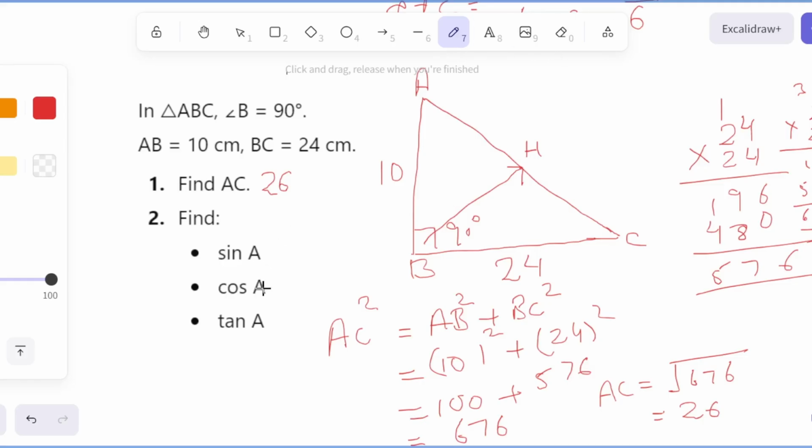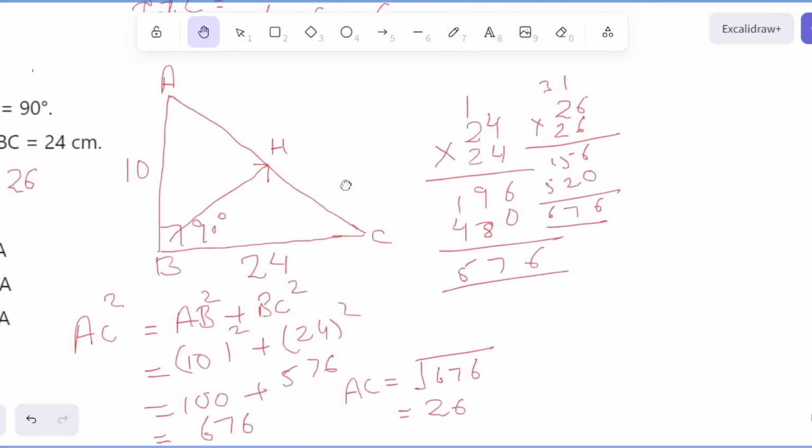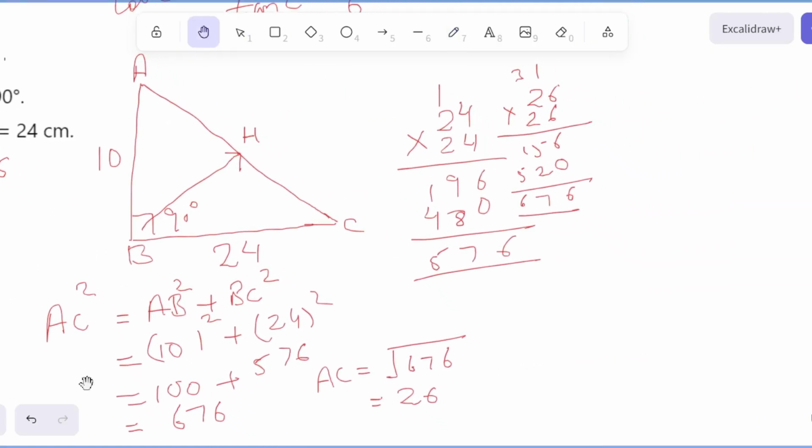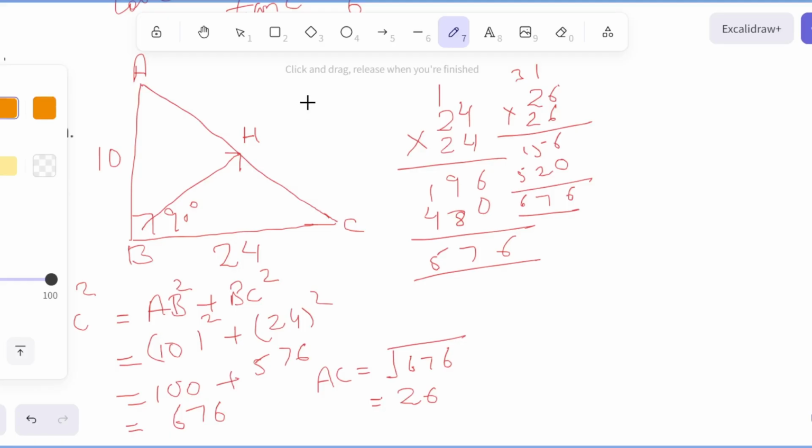They also have asked us to find out sine A, cos A, tan A. Let's figure it out. Because we have all the sides, it should be easy. For angle A, the opposite will be this, the adjacent is this, and the hypotenuse is this.